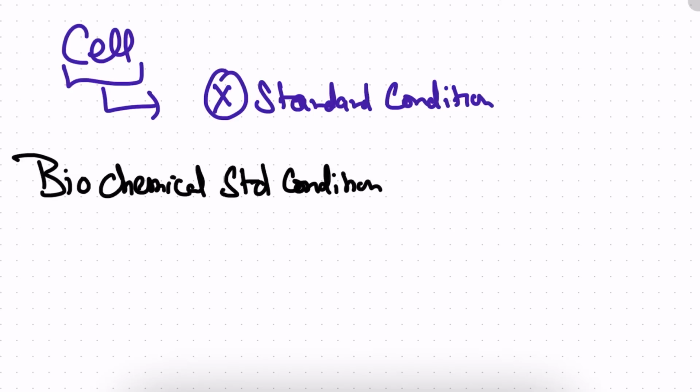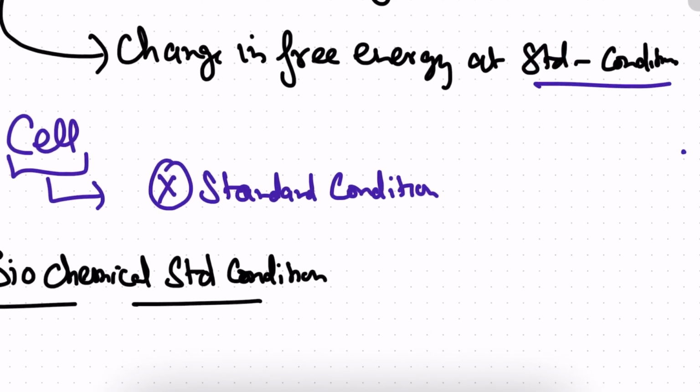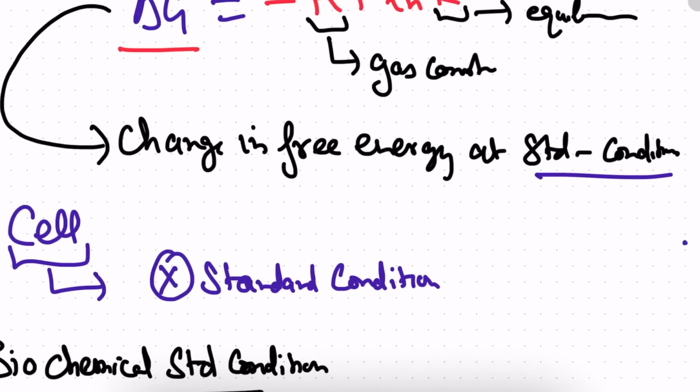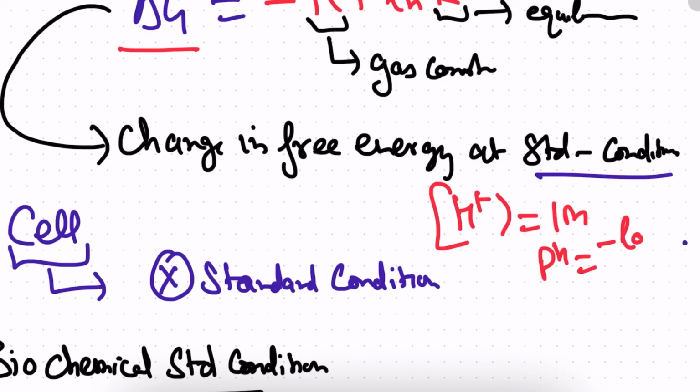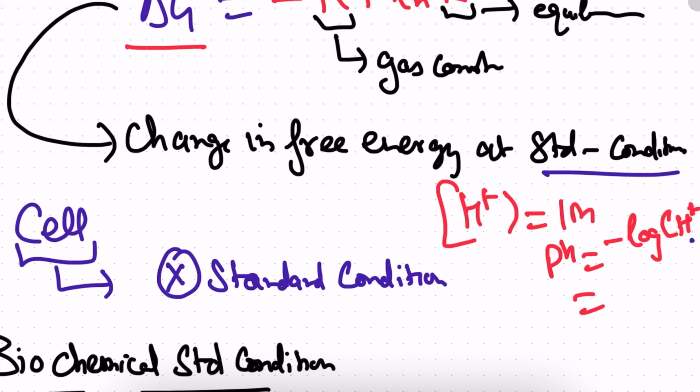And what are those? The first thing is that in the case of chemistry, generally the hydrogen ion concentration we take as 1 molar. So when you calculate the pH for a hydrogen ion concentration of 1 molar, you know pH is equal to minus log of hydrogen ion concentration, and if you solve this, it is minus log of 1, which is 0.